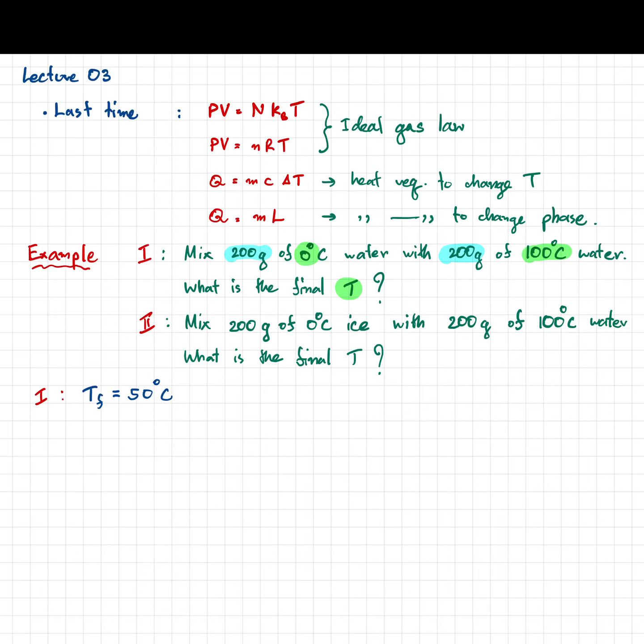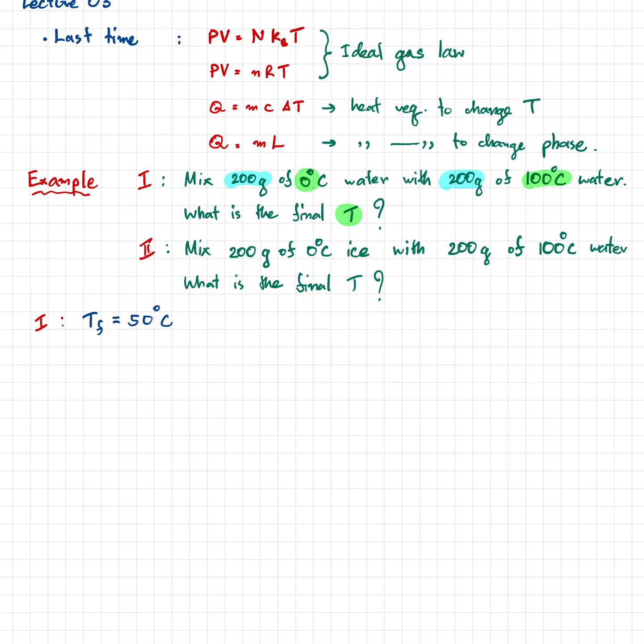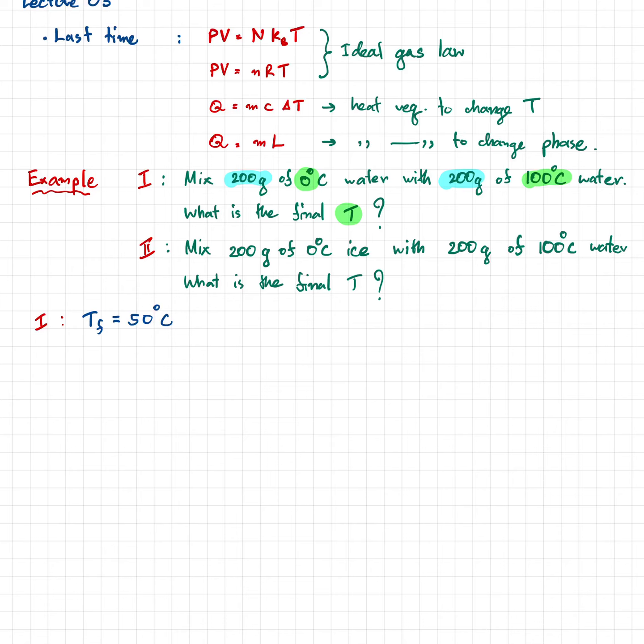Even more interesting is when the problem involves phase change. Problem number 2 is almost the same as number 1, except that I start with 0 degrees ice instead of water. One thing that I need to remind everyone is that ice can have a temperature less than 0. Sometimes you might think that ice always has to be 0 degrees Celsius.